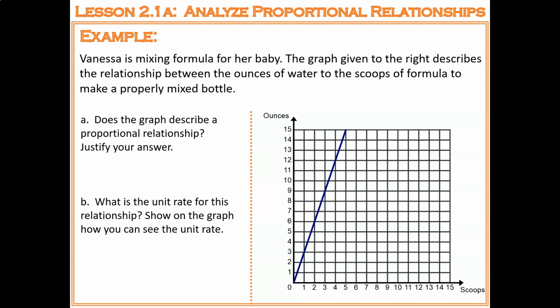In order to be proportional, you have to have two things. One, the graph must go through the origin. And two, it must have a constant rate of change.